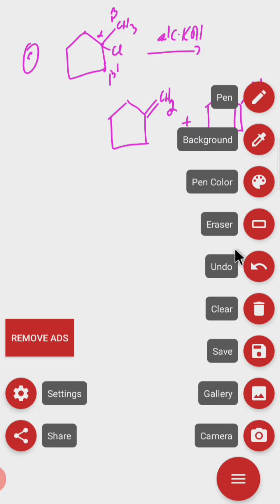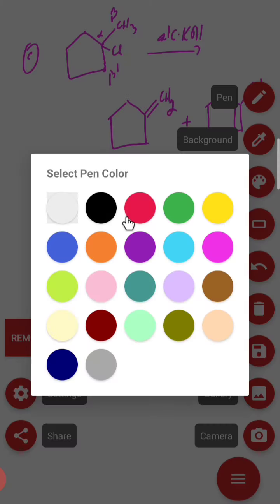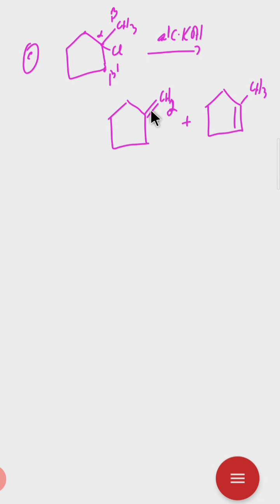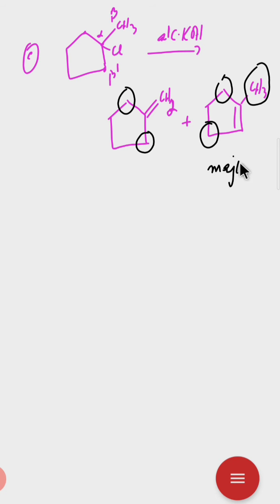In this case, this is an alkyl group, this is an alkyl group, and this is also one alkyl group. So our major product will be this one, according to Saytzeff's rule. This is our minor product, right?